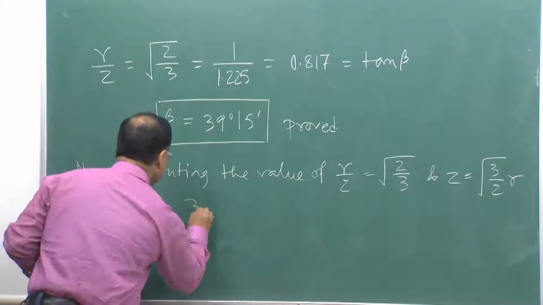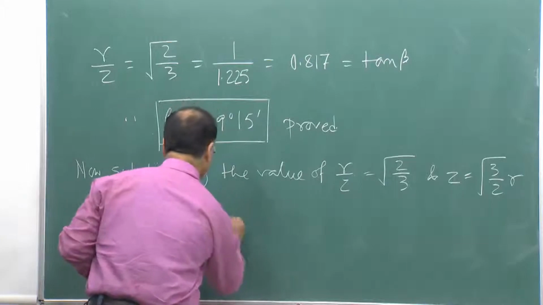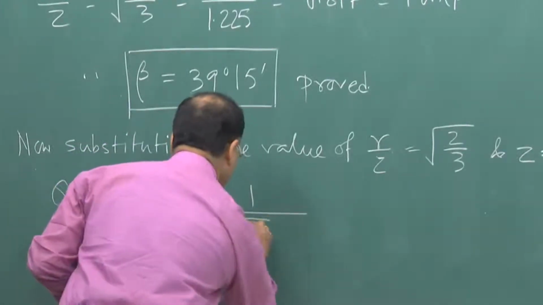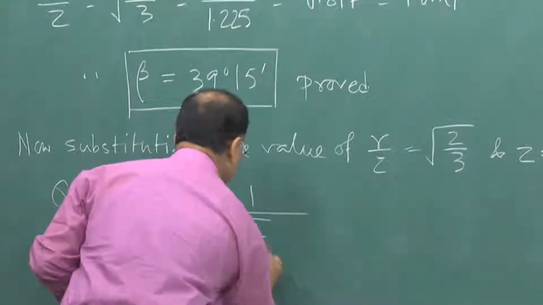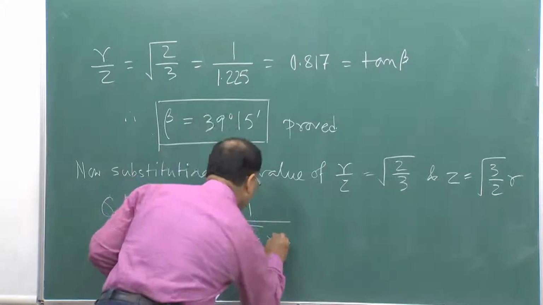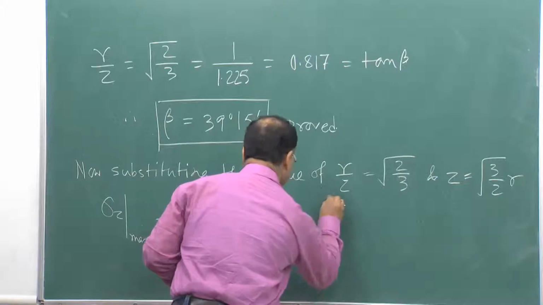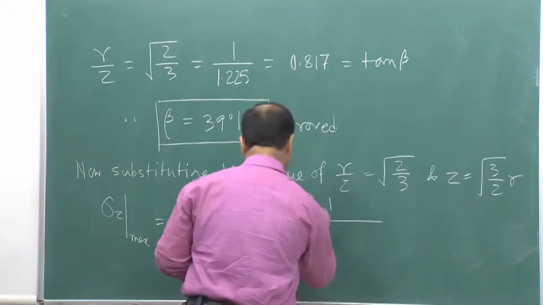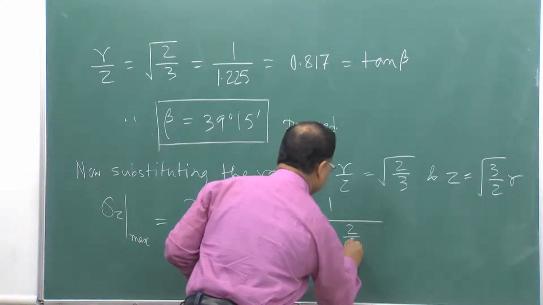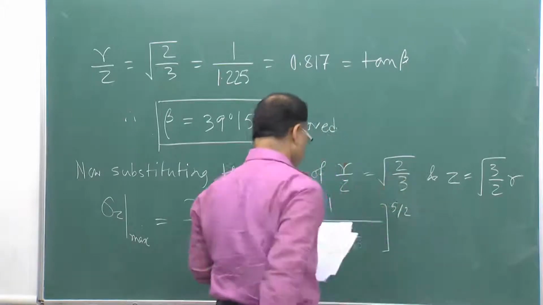That is equal to 3q by 2 pi into 1 by (3 by 2 r) whole square into 1 plus 2 by 3 to the power 5 by 2.